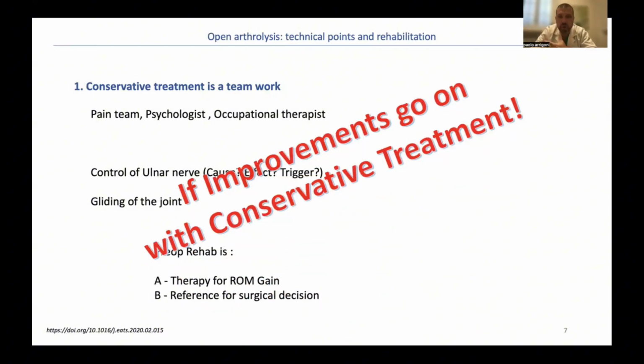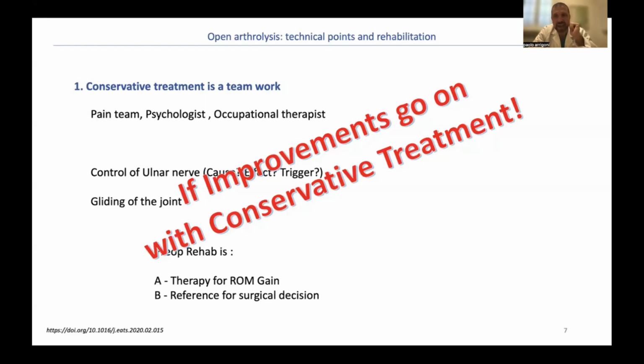But what we know is that in a situation of stiff elbow, if we can gain range of motion in a rehab context, so with conservative measures, it's always the way to go. Because if improvements are gained without surgery, those improvements are slowly gained and very likely are not going to be lost.